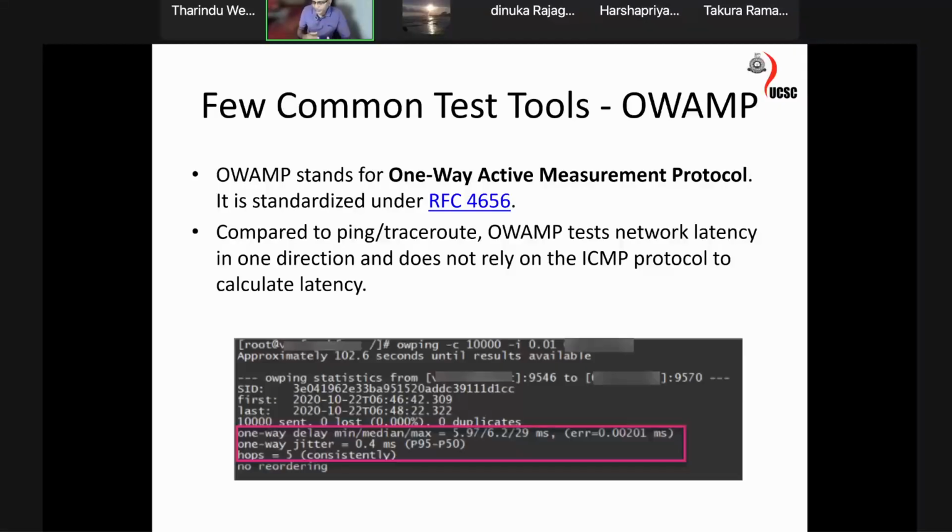If you are measuring two-way delay, you can use the ping tool. It provides ping-pong latency. If you really want to measure one-way latency, there may be situations where the forwarding direction, the transmission path, and the response or return path have an asymmetry, because of modern-day routing.